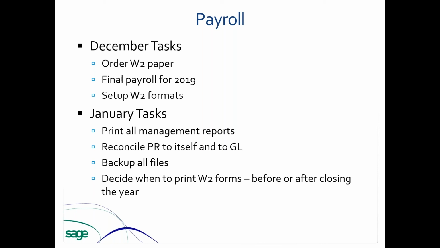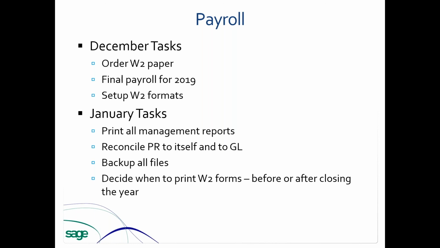Payroll is actually the first module in the year-end guidebooks. Page 10 in both the 2018 and 2019 year-end guides is where payroll starts. All right, so you should be getting your paper lined up, your perforated paper, if you're going to be printing the W-2 forms yourself.